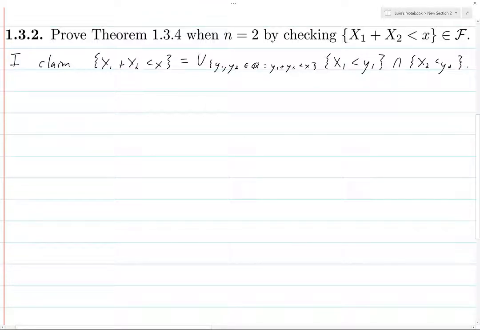What we're really doing is taking the union over a subset of Q cross Q, and the product of two countable sets is a countable set. Okay, so we're going to prove this equation.